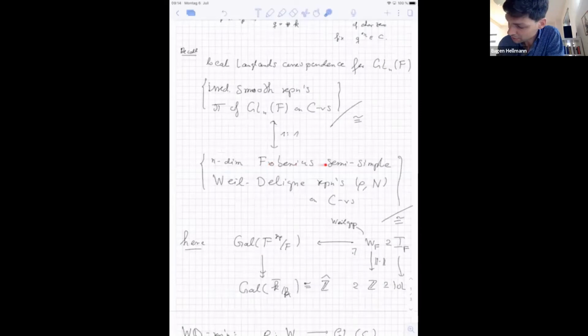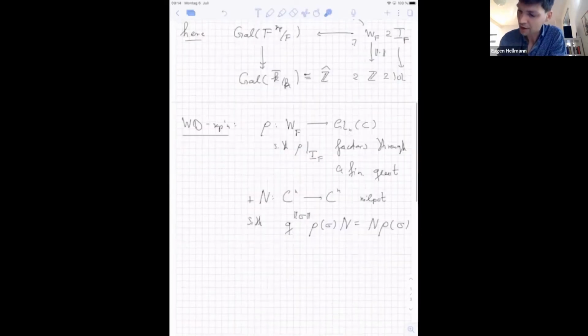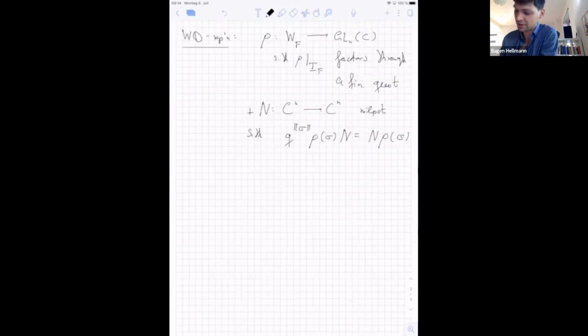And then there is this condition of being Frobenius semi-simple, which actually is rather a technical condition, but to have a correct statement, let me define it. Frobenius semi-simple just means that the representation rho is semi-simple.